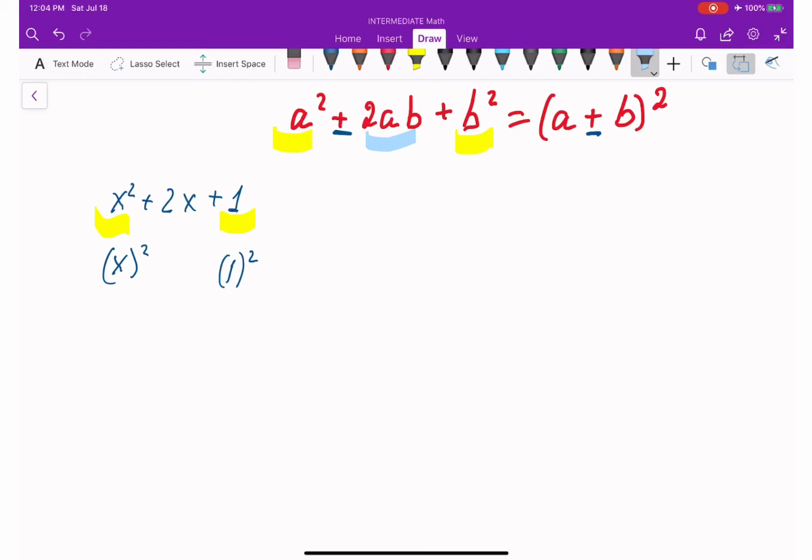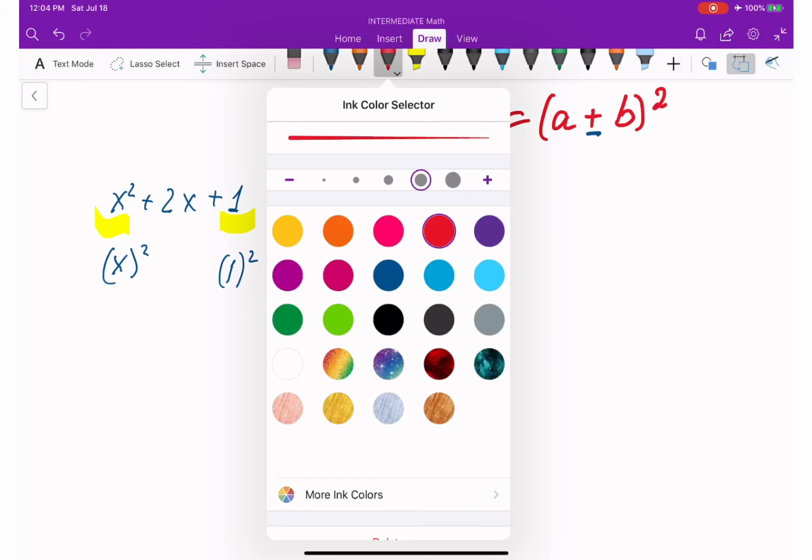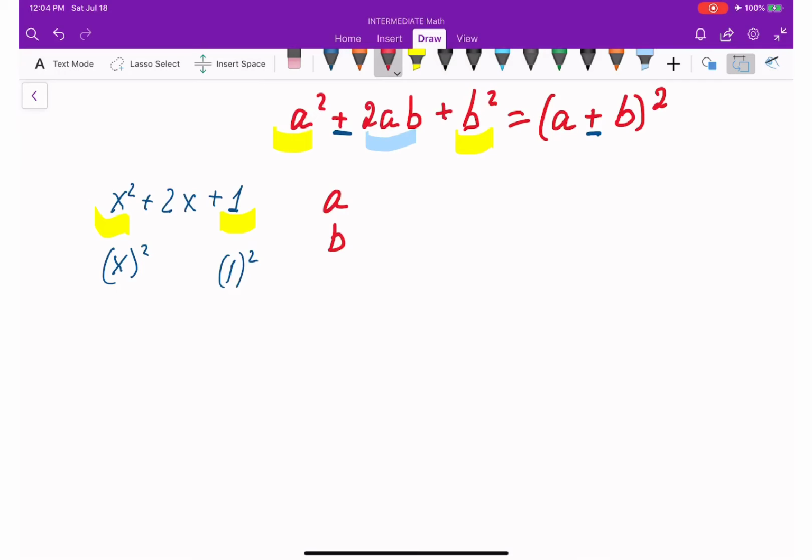Well, let's see. If I use 2ab, my a is x, right? Let me write down a, and here is b. So my a is x, and my b is 1. Why? Because I have here a squared plus 2ab plus b squared.